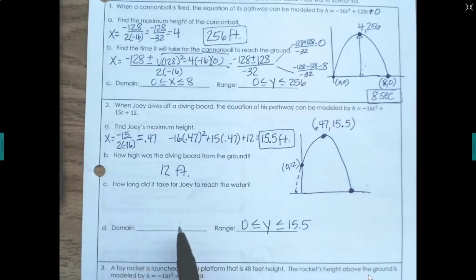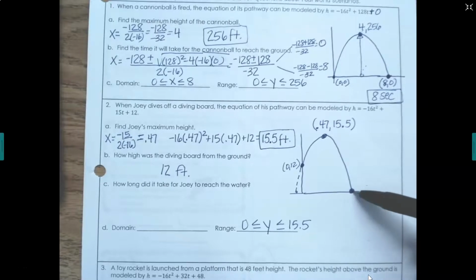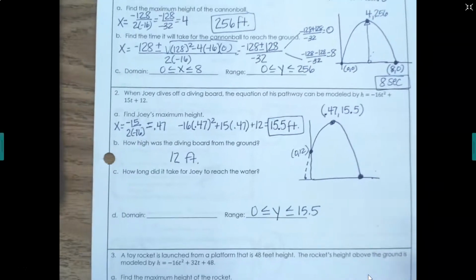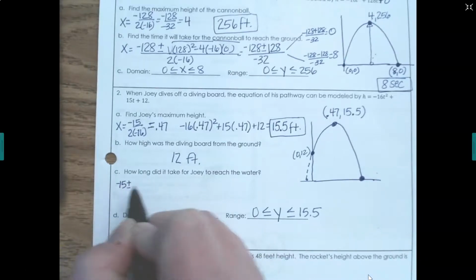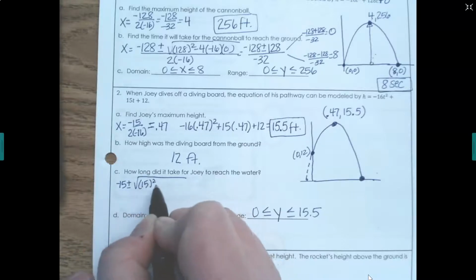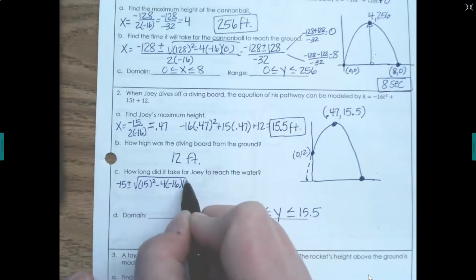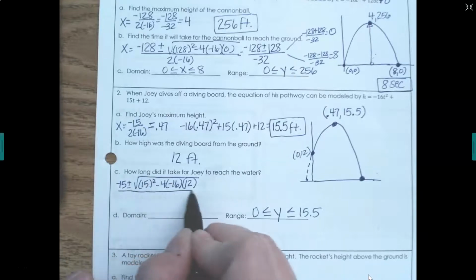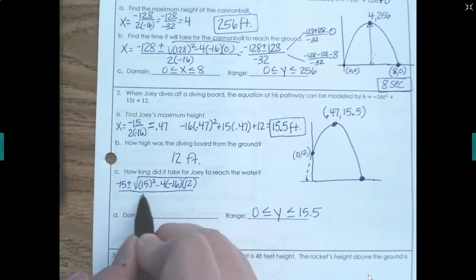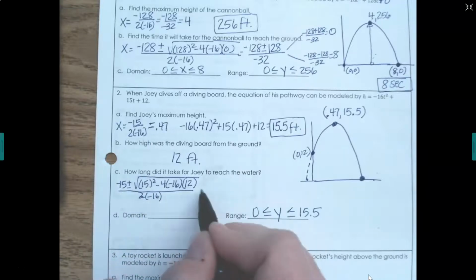Now, how long did it take for Joey to reach the water? The water's right here, and so that's the x-intercept. So we're going to use our quadratic formula here. So we have negative b plus or minus the square root of b squared minus 4 times a times c, and this whole number will be divided by 2a. So I'm going to start breaking it down.